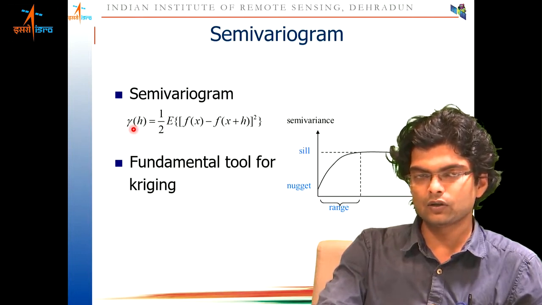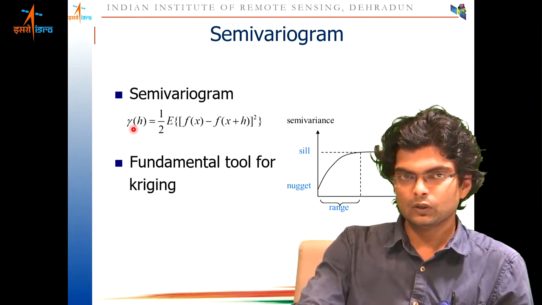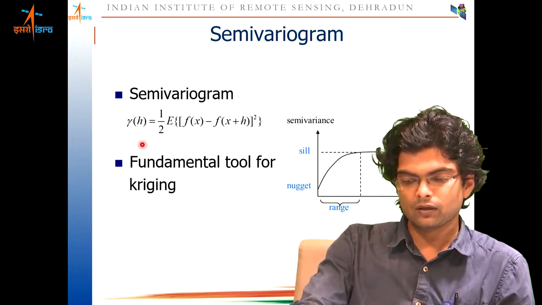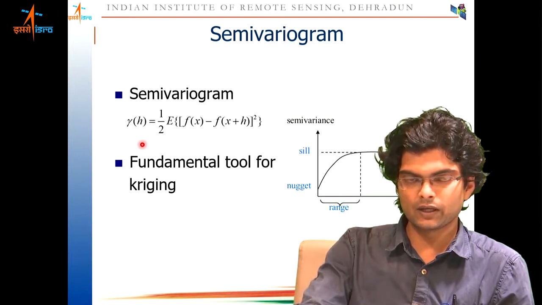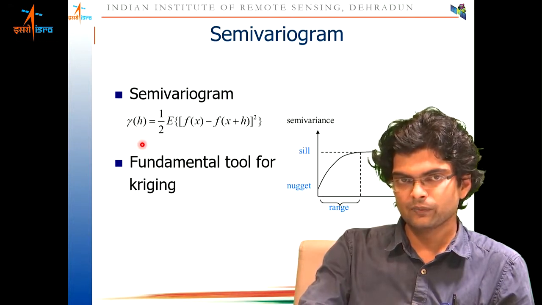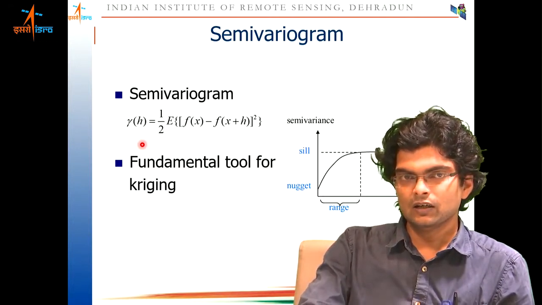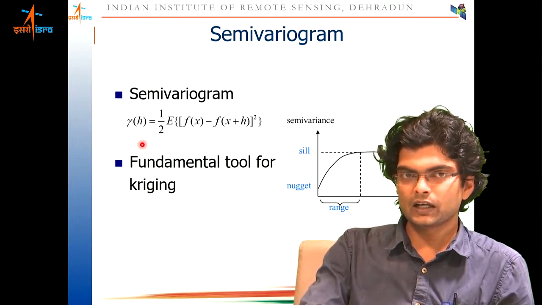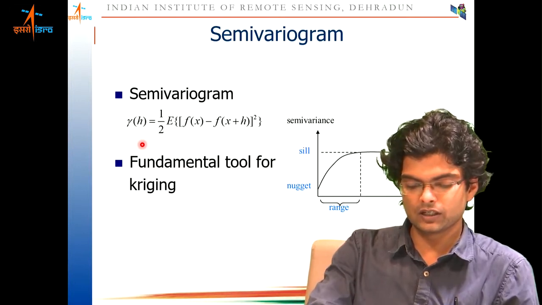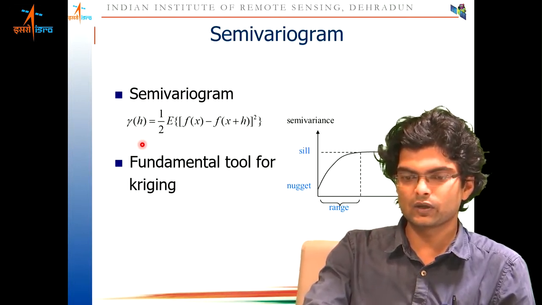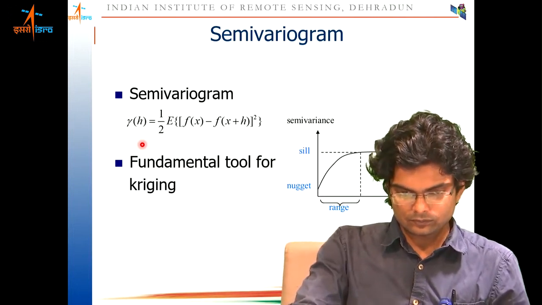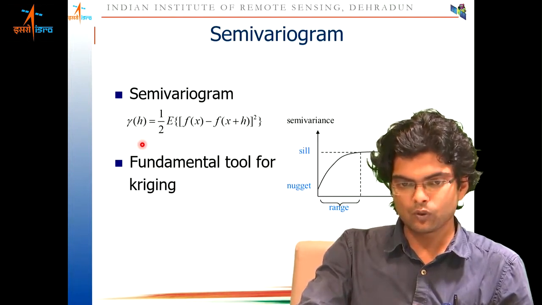So if you need to find out the covariance between your random variables, or the correlation between the regionalized variable at location i and the regionalized variable at location j, in that case the distance should be known between i and j, and you can directly tell that this is the covariance between the regionalized variables at locations i and j.